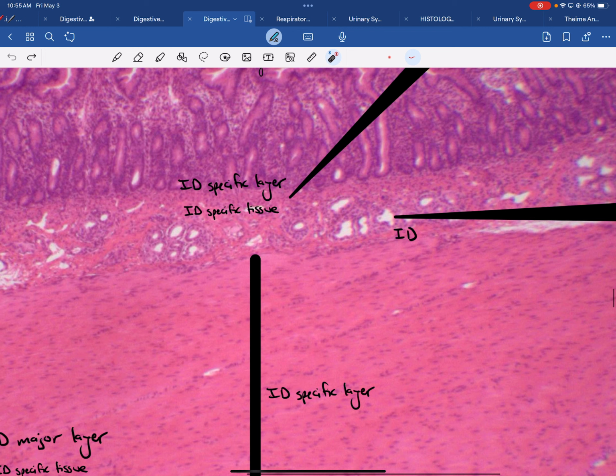Sorry, let's talk about what's the function of the duodenal glands. Secrete bicarbonate-rich mucus. Good. And why is this mucus rich in bicarbonate? To be a buffer against the chyme that's coming in, a lot of acid. Exactly. And why is it important to neutralize the acidic chyme coming from the stomach?